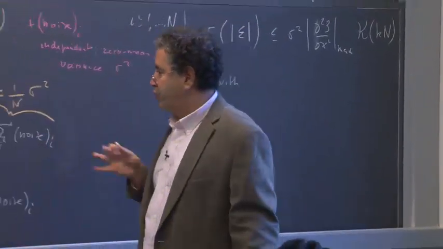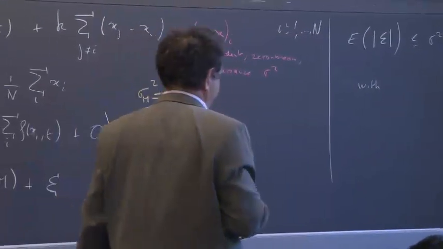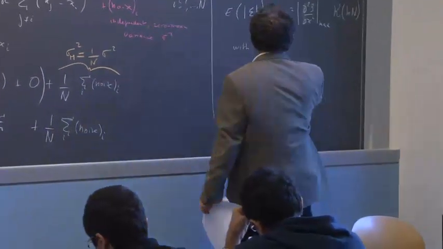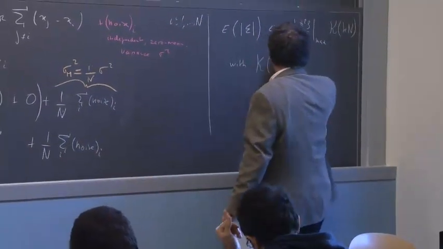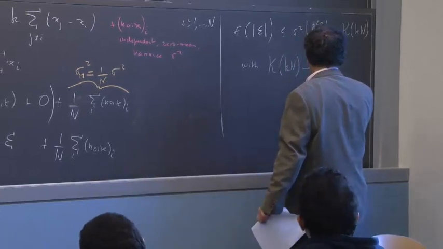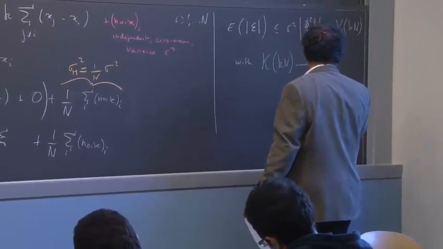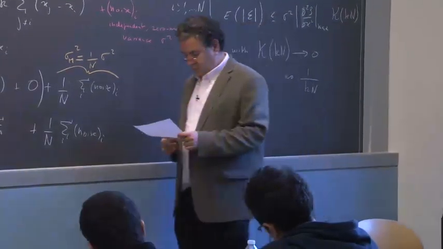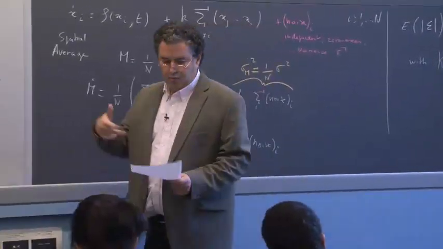So we can show this. I'm just stating the result. So kappa of k times n tends to 0 as 1 over kn asymptotically.